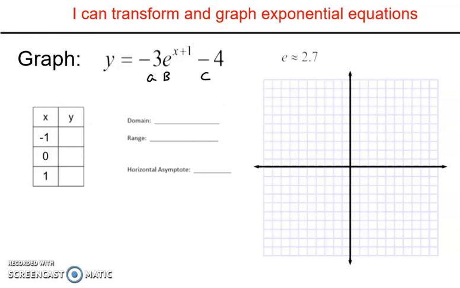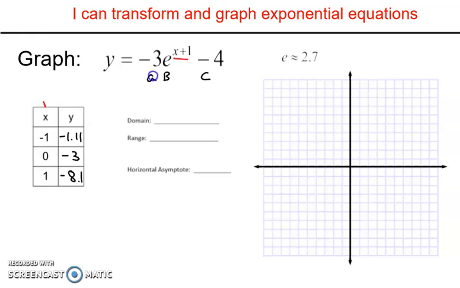So 0 is going to be our a value, which is -3. -3 times 2.7 will give me -8.1. And -3 divided by 2.7 will give me -1.11. So this is where we start our table. After this, you should feel fairly comfortable since you've done the exponential growth and decay.